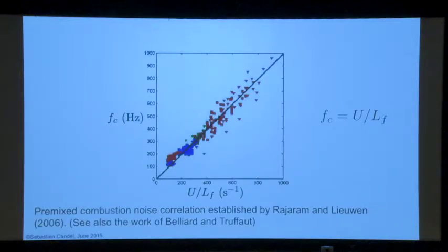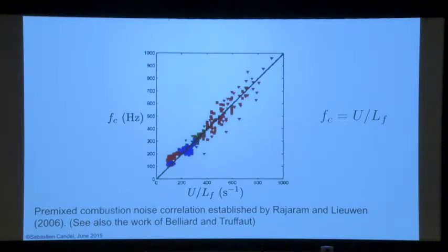For example, one thing is to know what is the frequency of this sound radiation. Lieuwen, and also previous work by Béliard and Truffaut in Marseille, showed that basically the main frequency scales very well with the mean velocity coming out divided by the length of the flame.